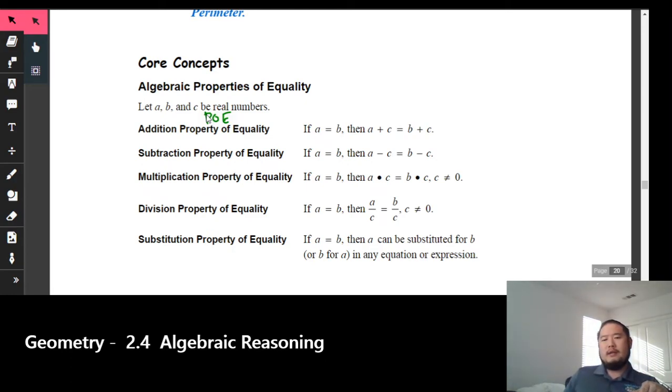Subtraction, POE. When you subtract things from one side of the equation, you subtract it from the other. Multiplication, division, all of those things are the same thing. If you multiply something to one side of the equation, you must multiply the other. Same for division property. And we have also the substitution property, where if A is equal to B, then A can be substituted for B, or B for A in any equation or expression.